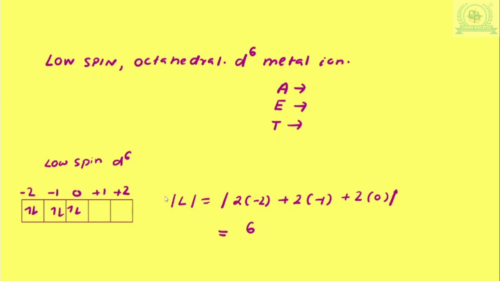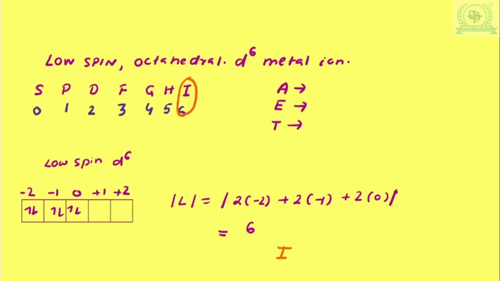I have already discussed with you that when the value is S, P, D, F, G, H, I, the corresponding values of L will be 0, 1, 2, 3, 4, 5, 6. So here my value is 6, so this will be represented by I. Clear?